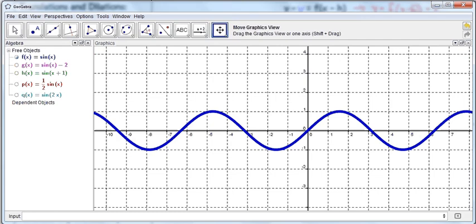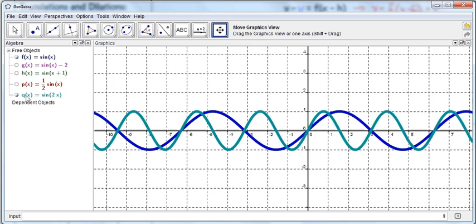Here again is the sine function, and this time we've typed in sine of 2x. So as we plug in that x value, we've multiplied it by 2. Let's take a look at that graph.